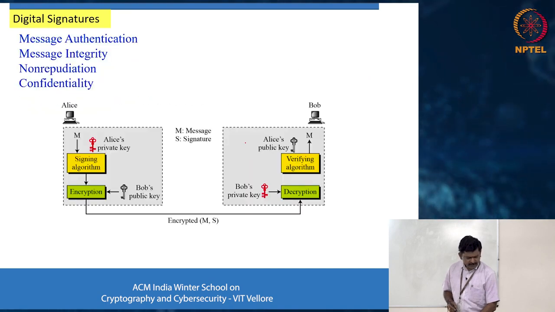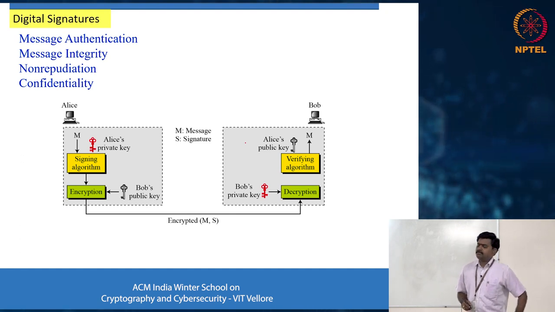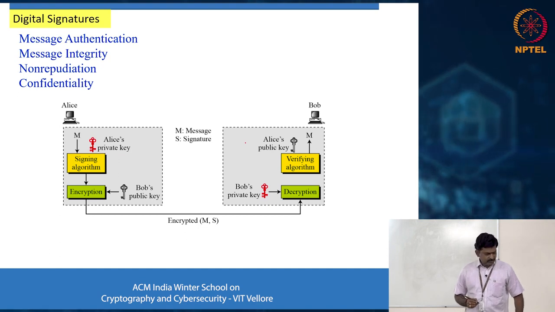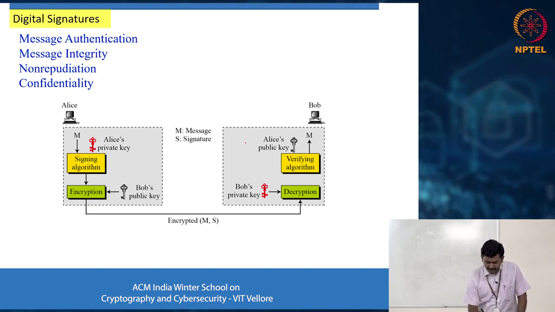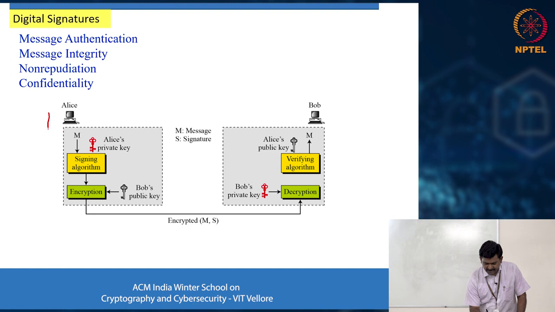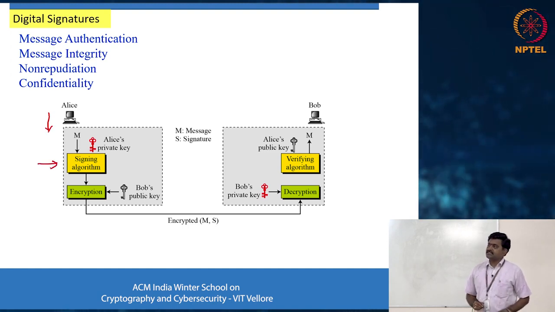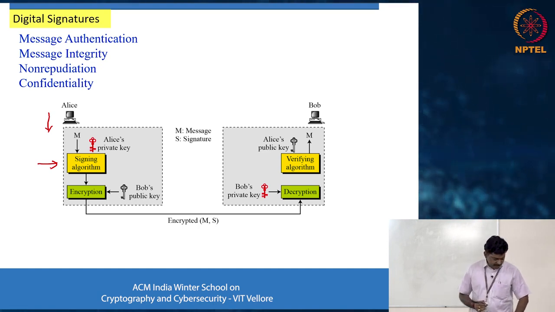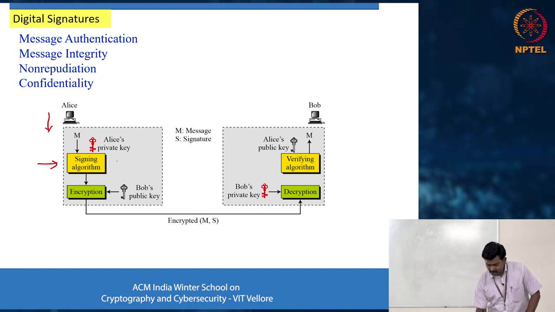There are several properties that you should learn. Now, if you notice how the signature happens, you see here, Alice is creating a message. How is Alice signing? There is a signature generation algorithm using which Alice signs the message.